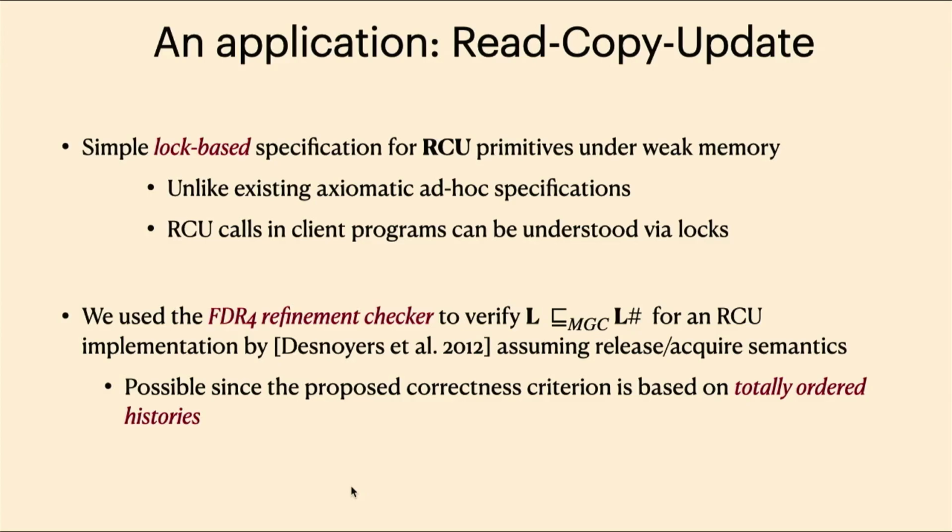I'm not sure about the semantics, but the correctness criteria is of interest because it's based on linear history. If you have tools which can do this kind of refinement checking on linear history, then you can utilize them here, and this semantics gives us a way to get to that linear history. Got it. All right, let's thank Abhishek.